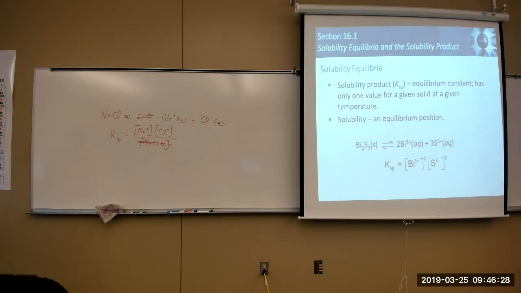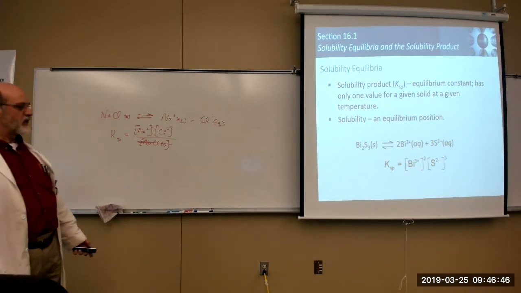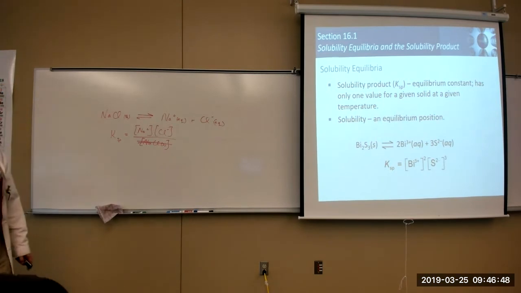So it doesn't stay 40 all the time. It's like making sugar water. You add sugar, concentration of the water goes down as the sugar goes up. Eventually, you reach a point where there's more sugar than there is water. Right. But usually, these solubilities are going to be small numbers.